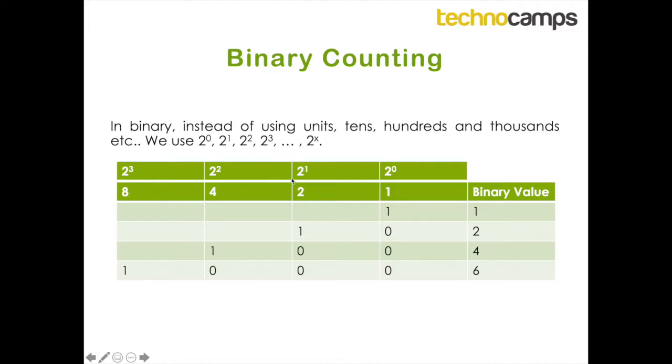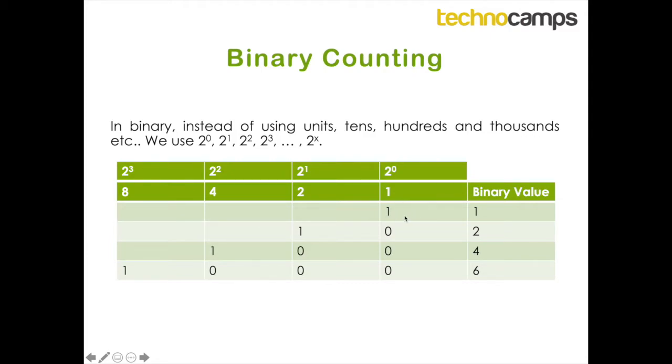So this time, instead of adding up, let's say in decimals, the tens, the hundreds, the units, the tens, hundreds, and thousands to get the final value, in binary we add 1, 2, 4, and 8. So here's an example.